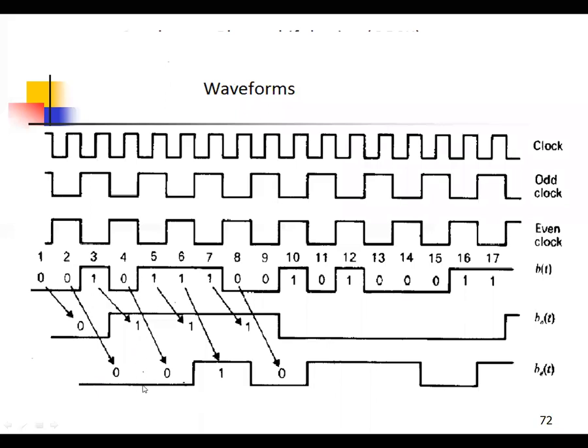The 4th bit is again 0, up to 6. The 6th bit is 1, up to 8. The 8th bit is 0, up to 10. The 10th bit is 1, up to 12. The 12th bit is 1, up to 14. The 14th bit is 0, up to 16. The 16th bit is 1. So these are the waveforms of QPSK.